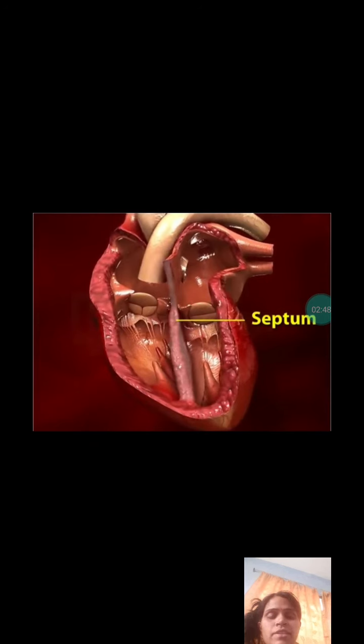Here you will see the septum. Do you know, students, the right side of the heart consists of deoxygenated blood, whereas the left side of the heart consists of oxygenated blood.